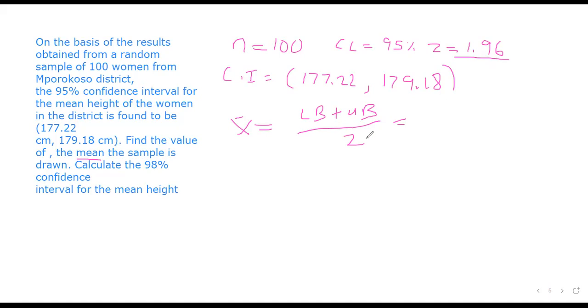We have 178.2, as a final answer, since I've already divided by 2. Then what is our error? Our error is the lower subtracted from the upper, divided by 2.